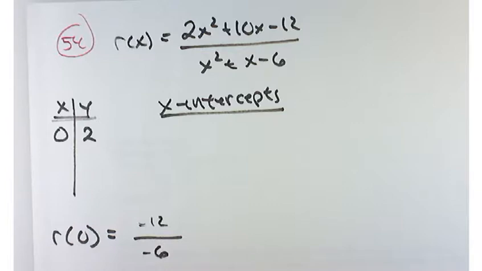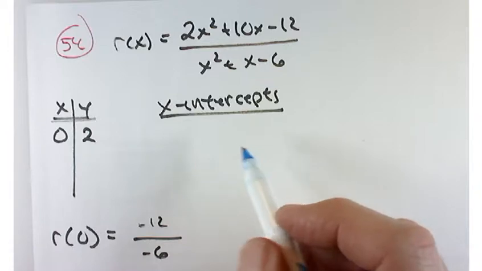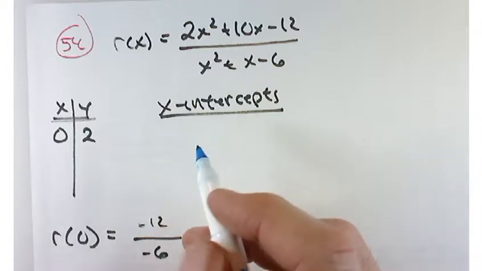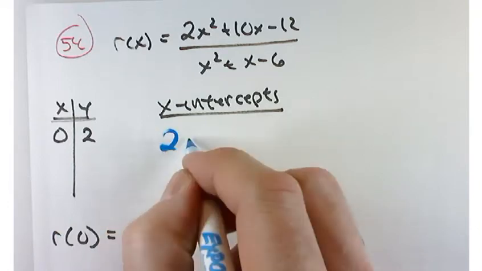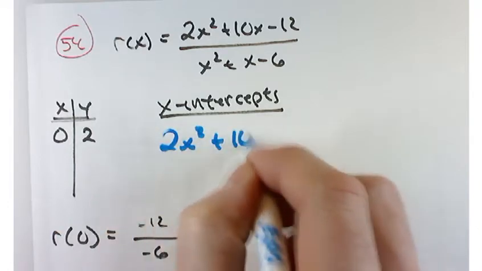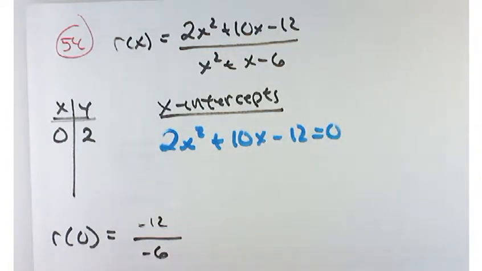All right, so, Sean, what should I do to find the X-intercepts? Perfect. 2x squared plus 10x minus 12 equals 0. Just set the numerator equals 0. You don't have to worry about the denominator equals 0. Thank you.